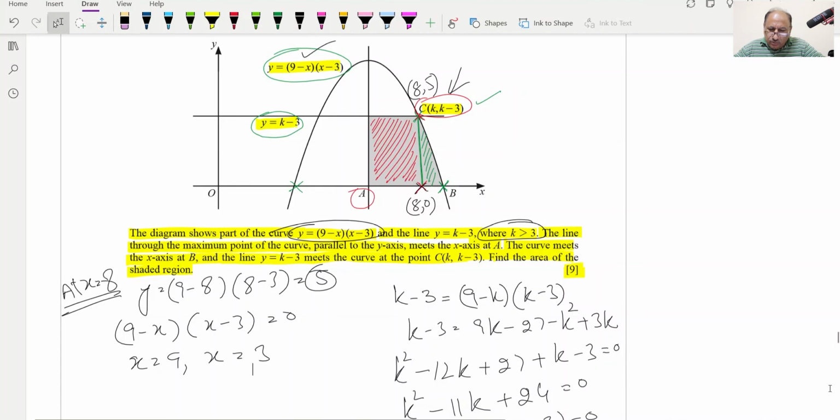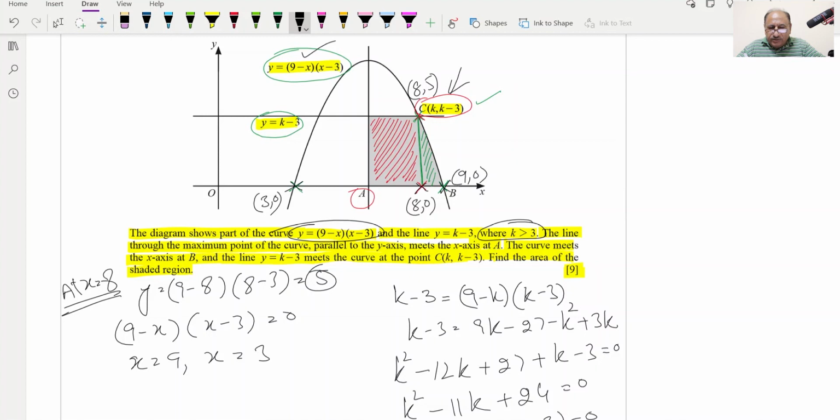These will be the two values. So this will naturally be 3, which is closer to the origin, and this B point will be 9. So this will have coordinates 9 and 0, and this will have coordinates 3 and 0. So we got all these points which we were looking for.